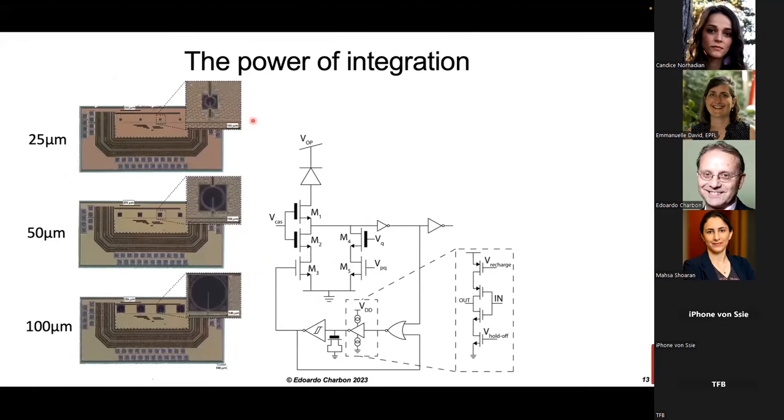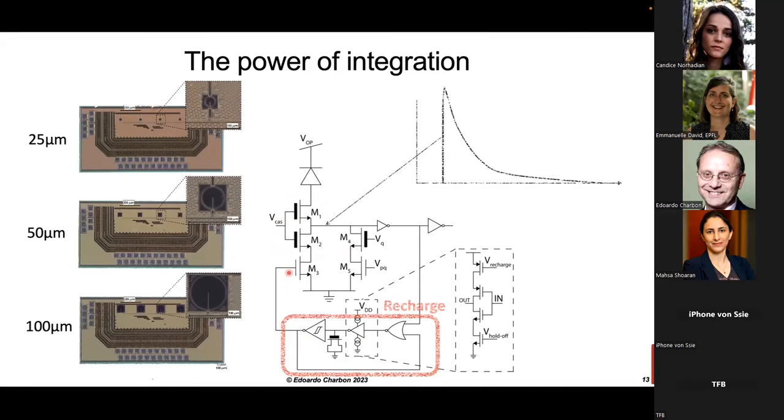The power of integration enables not only the reduction of the size, but also the integration of electronics together with the detector. This is an example of a monolithic detector that has quenching transistors. Those are the transistors that prevent the destruction of the device when you have an avalanche, implemented together with a feedback loop, for example, for a fast recharge that enables a very quick 1.5 nanosecond dead time.